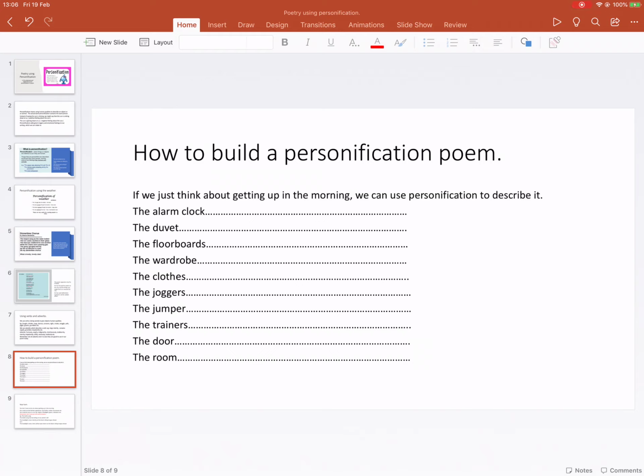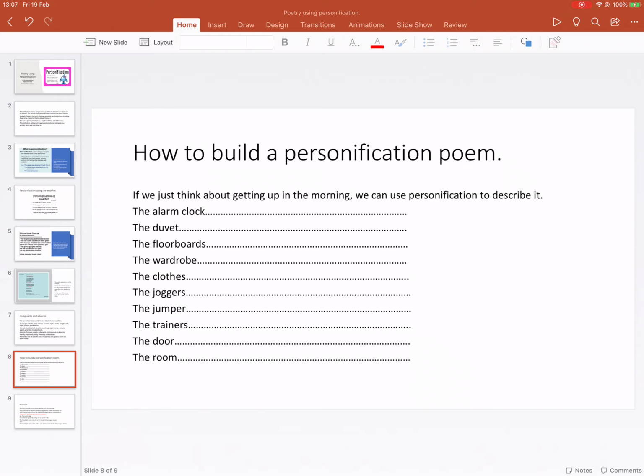The door to my bedroom, this would be, the door creaks open softly. The room sighs in relief as it goes back to sleep. So there's loads of things that you can put for this.